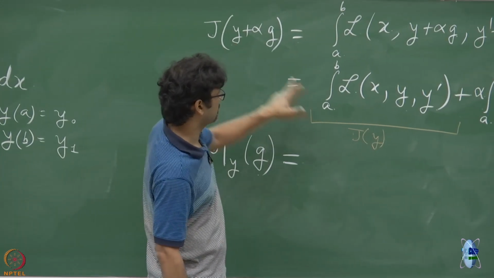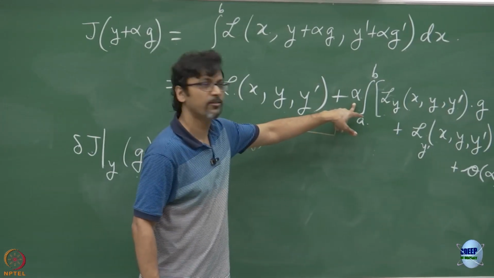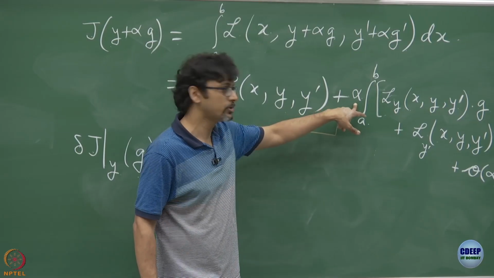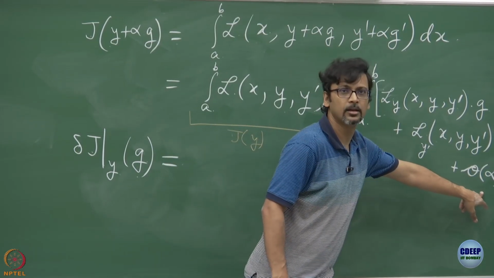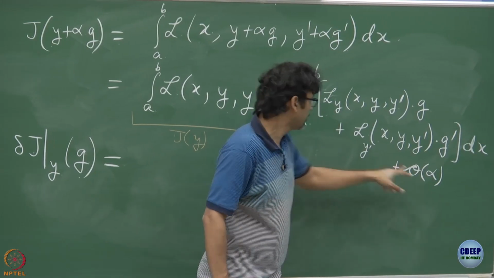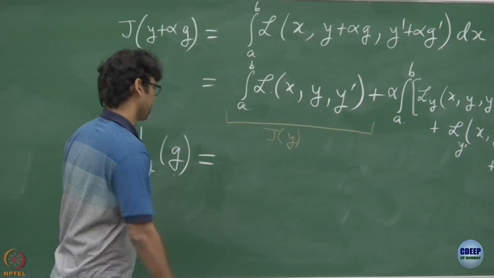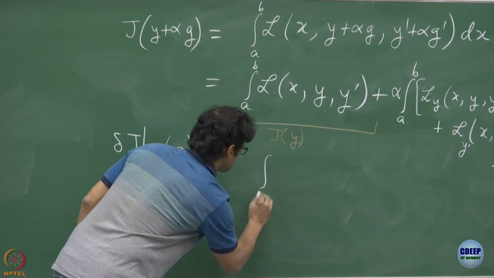It is going to be this minus this divided by alpha, limit alpha tending to 0. So this by alpha will go to 0 anyway. What you will be left with is this, not a very impressive term as of now.